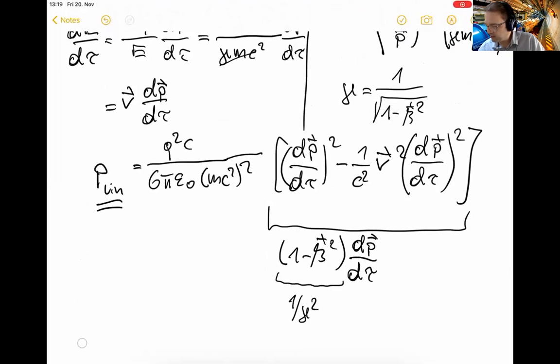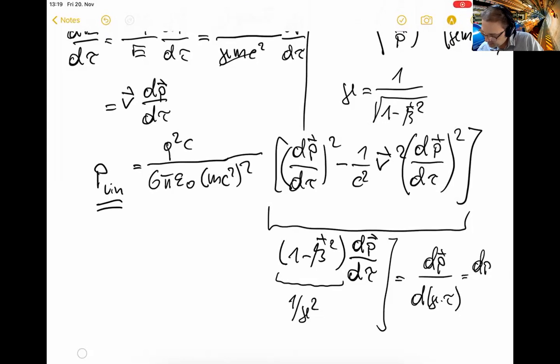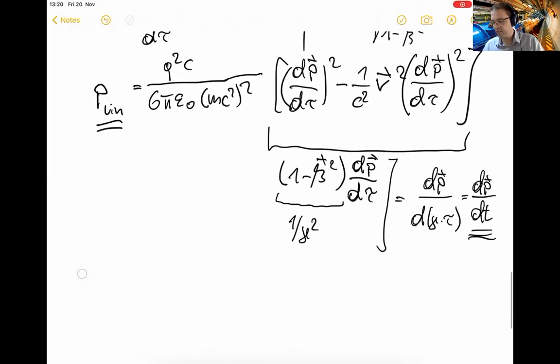So that whole thing together is just dp with respect to d gamma times tau, which is dp with respect to dt, which is the time in the lab frame. So we have the momentum change in the lab frame.